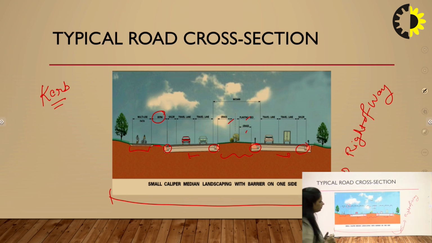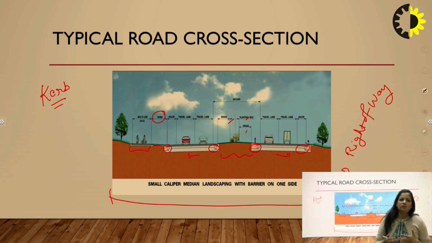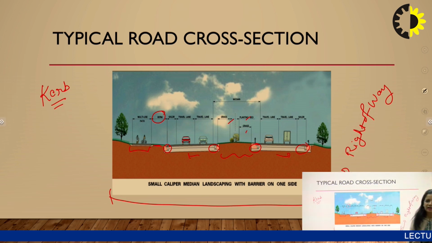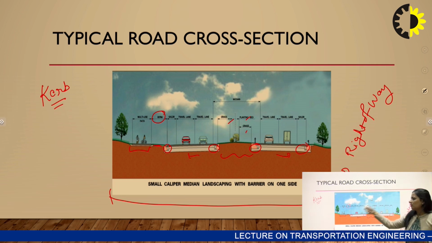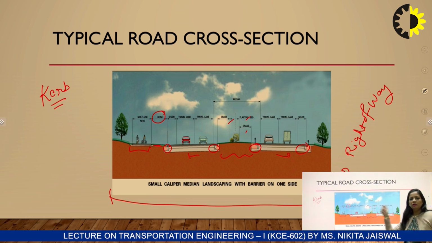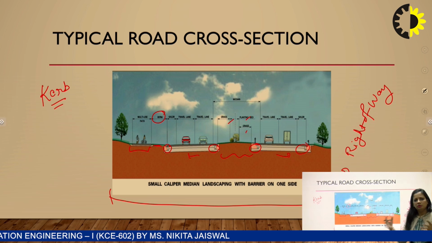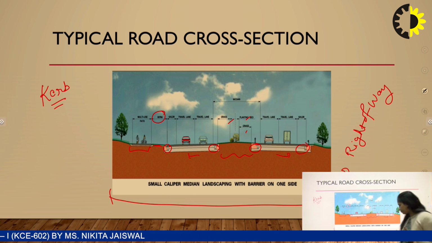So this is a typical road cross section where you can see the different segments. This is not fixed. Depending upon the project, maybe national highway, state highway, MDR, ODR, or village roads, these segments may change according to the classification of roads and the type of the project.